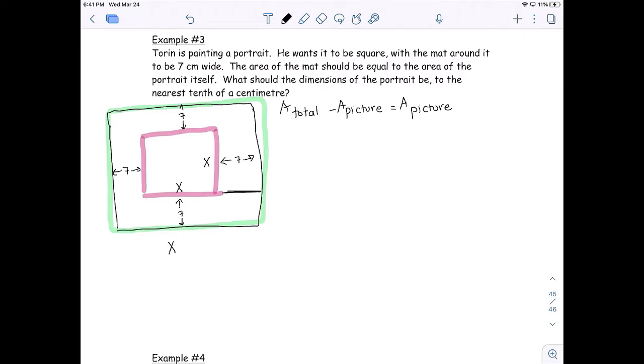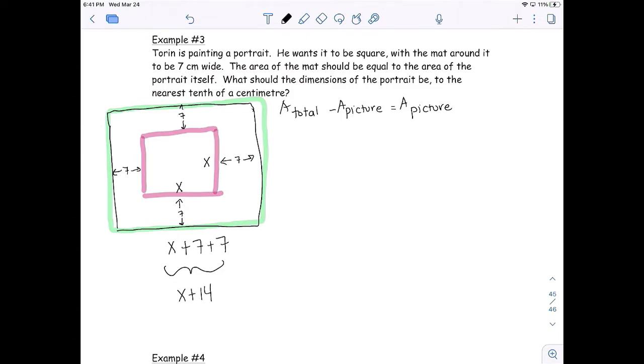So we're going to add 7 and 7 to go all the way across that side length. So it's going to be x plus 7 plus 7. If you simplify that, you can add those two 7s together, so that's equal to x plus 14 instead.